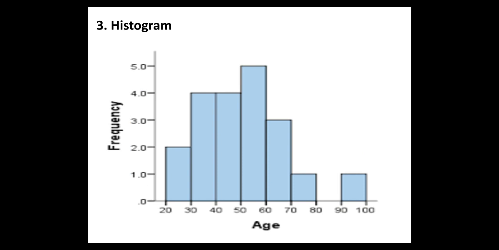The next one, histogram. I think you already have an idea about the histogram and how to draw it, and with the help of a histogram we can also draw a trend line. You may solve problems in your business statistics. A histogram is a visually interesting combination of vertical bar charts and line charts.